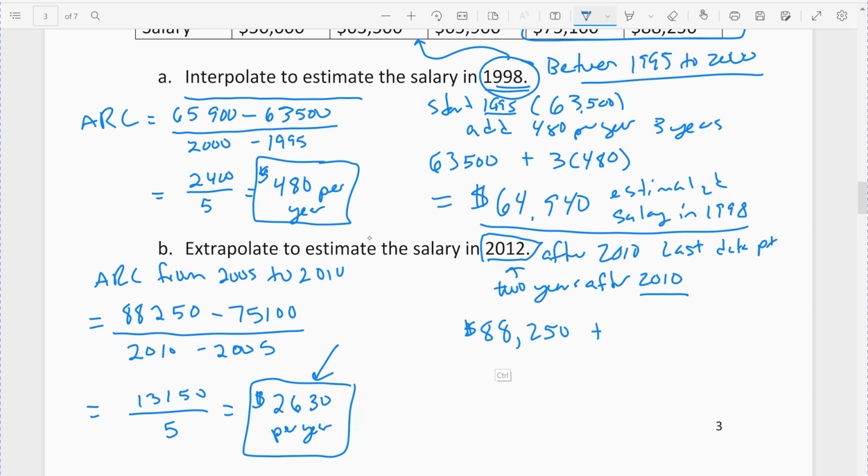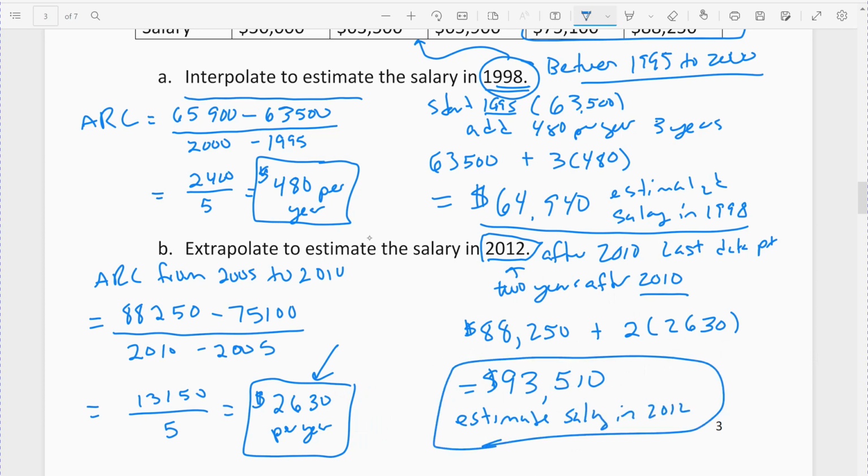We're going to add 2 of those because it's 2 years after that, 2,630 per year. So for 2 years we get to add those amounts. So 2 times the 2,630 comes out to be 93,510 was what we would estimate the salary in 2012 would be, based on our information.